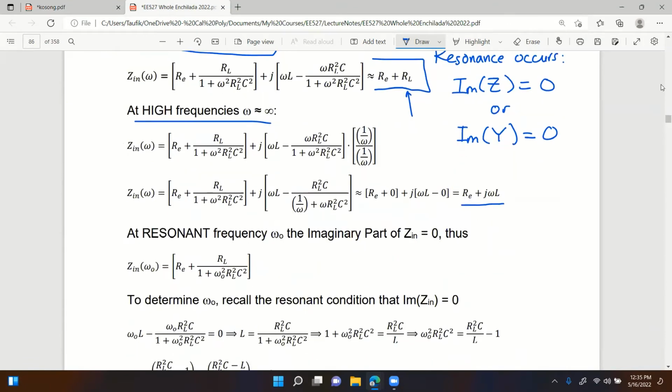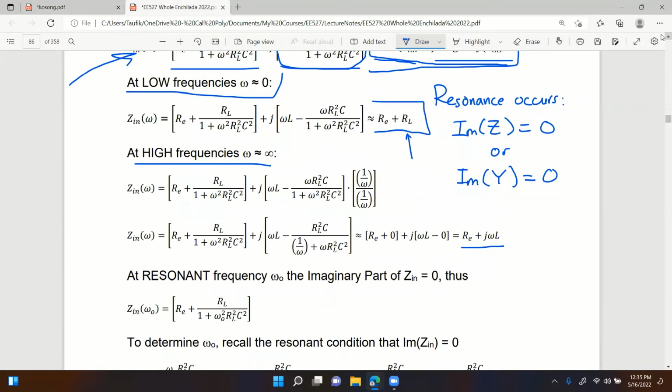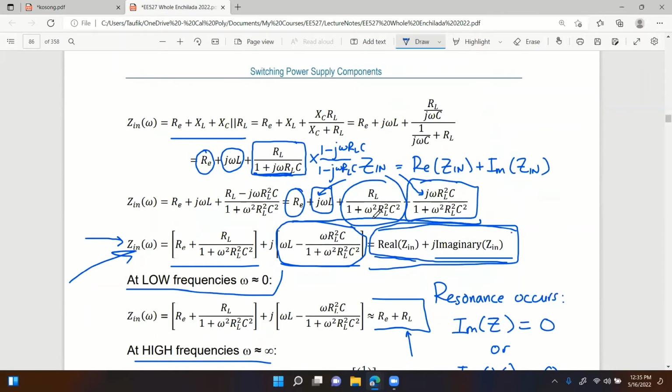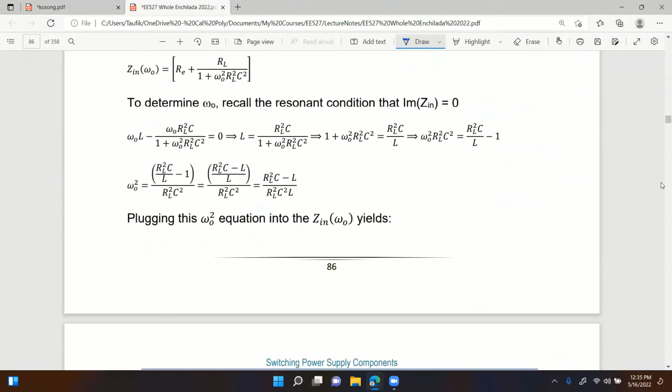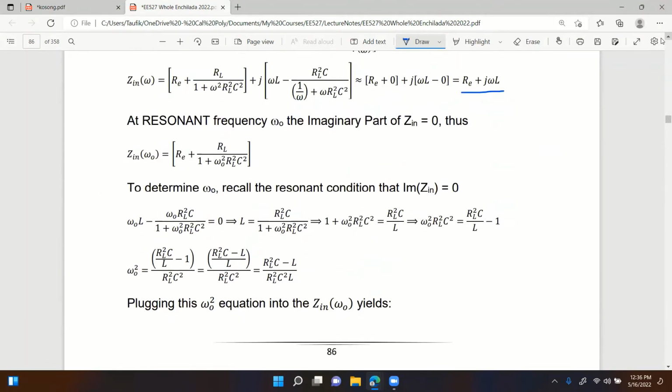So that's why you need the equation that shows you the real part and the imaginary part, right?